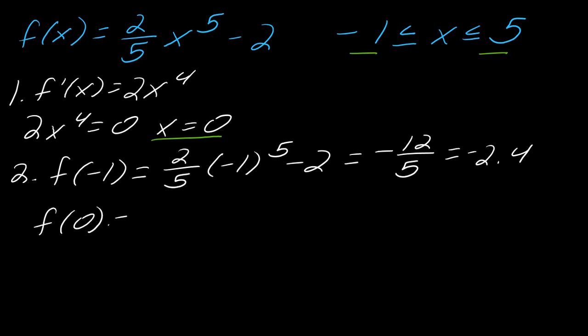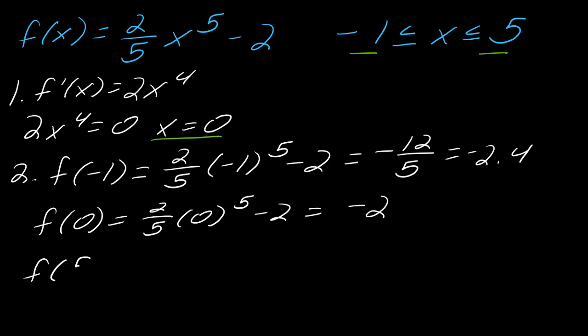Now moving on to f of 0. If I plug 0 into this function, this will just equal -2. And then finally, if I plug in f of 5, I have 2 to the 5th times 5 to the 5th minus 2.